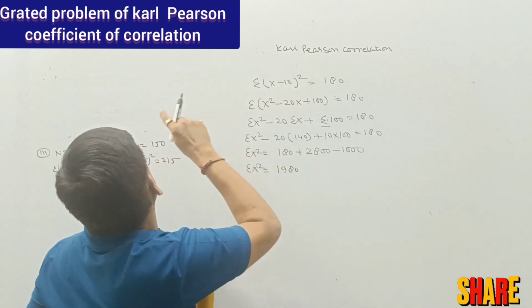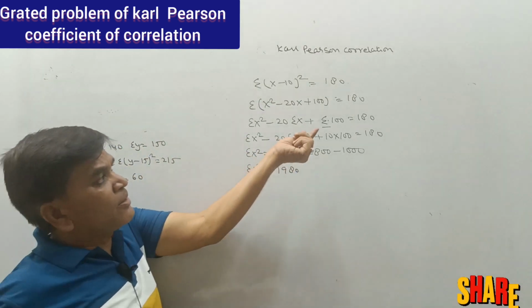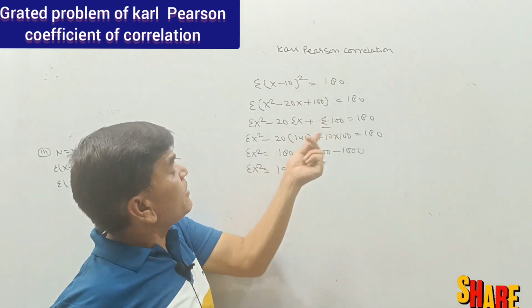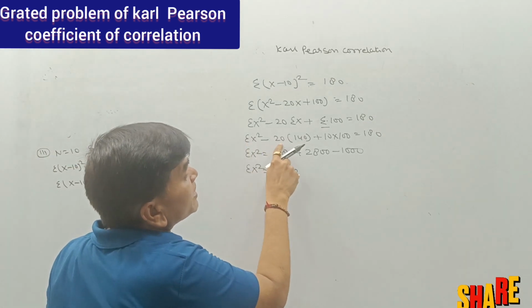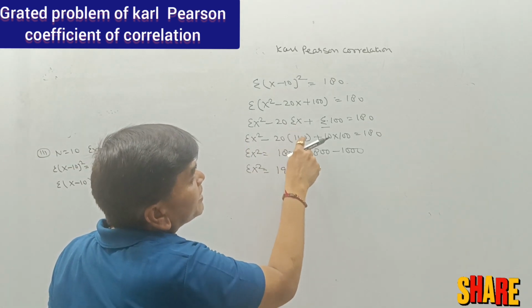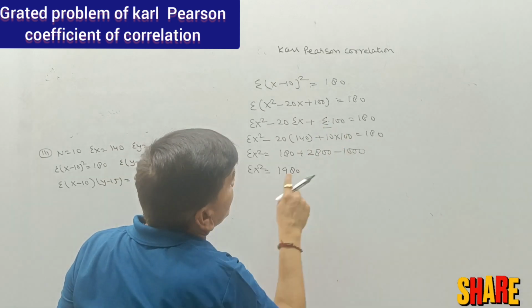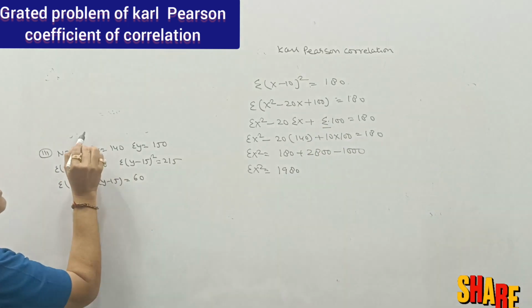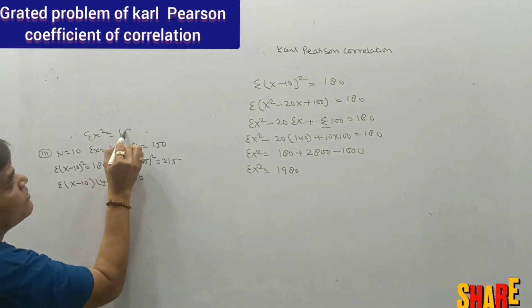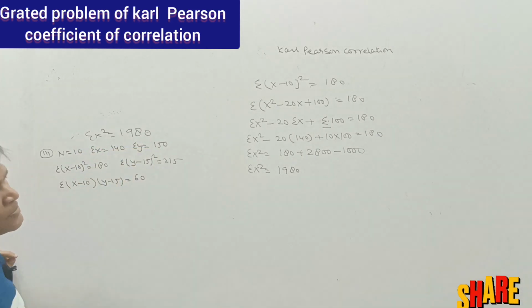The value of sigma n is given 10, so we are using sigma as 10. So sigma x square minus 20 multiplied by sigma x plus 10 multiplied by 100 equals 180, and we got the result, that is sigma x square is equal to 1980.